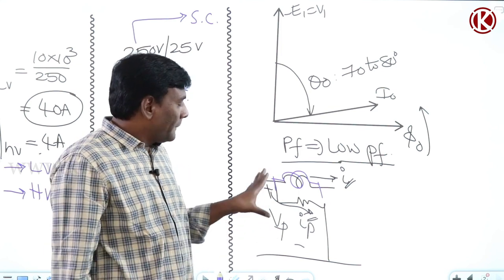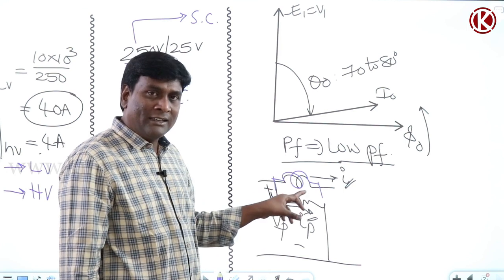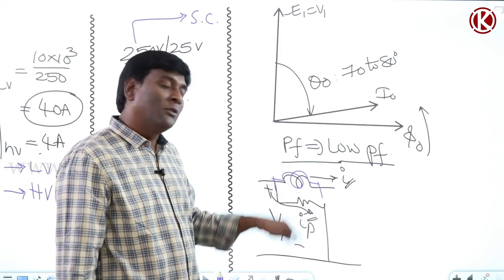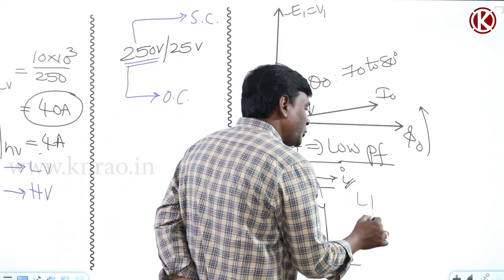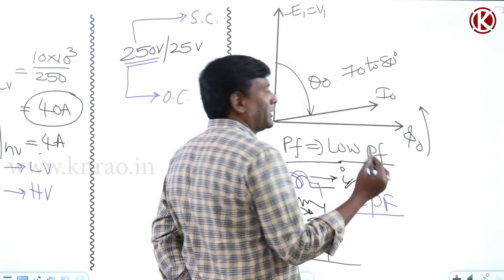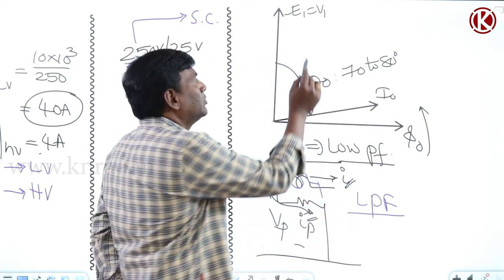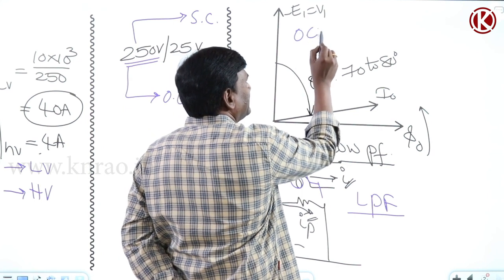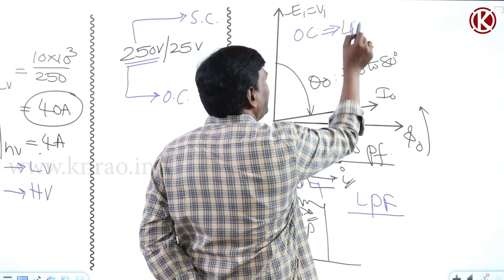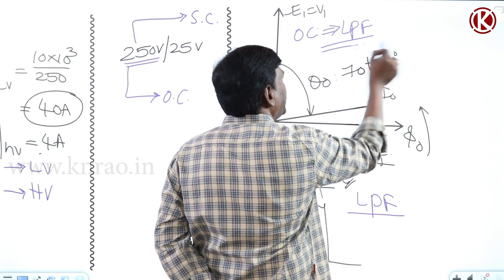So under low power factor condition, we have to compensate the wattmeter, and we call such a wattmeter an LPF wattmeter. So in the OC test, only an LPF wattmeter should be used.